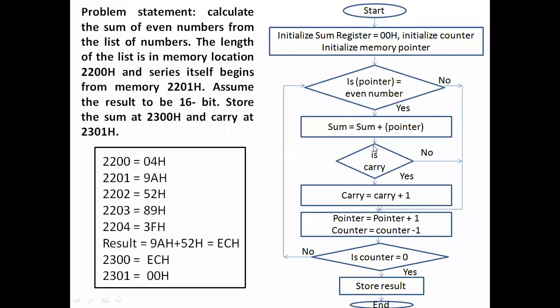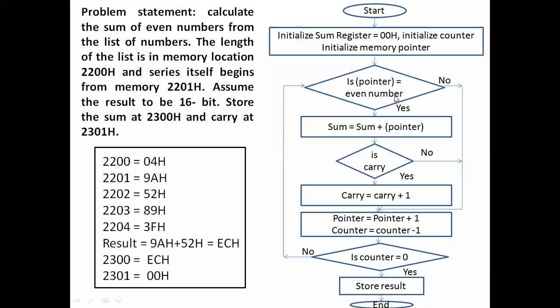Then we check whether this addition creates a carry or not. If it creates a carry, the carry register, which is used to store the carry, will be updated. But if carry is not generated, we will not update the carry.